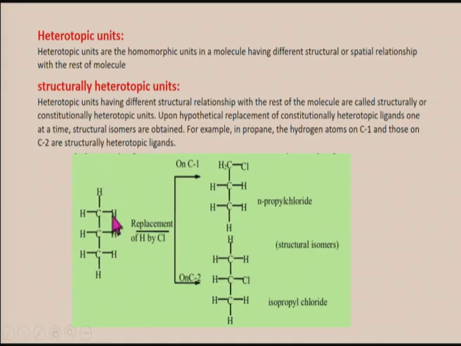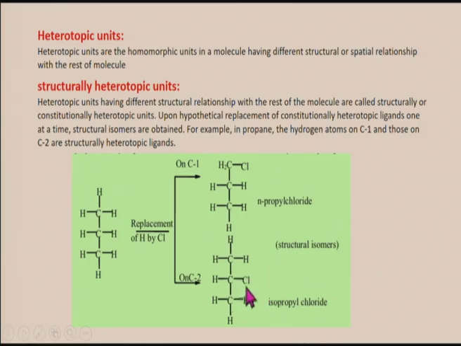In the first case we substitute the hydrogen attached to the C1 carbon, and in the next case we substitute the hydrogen attached to the C2 carbon with chlorine. Then what do we get? When the C1 carbon hydrogen is substituted, we get N-propyl chloride, and substitution of the C2 carbon hydrogen results in the formation of isopropyl chloride.